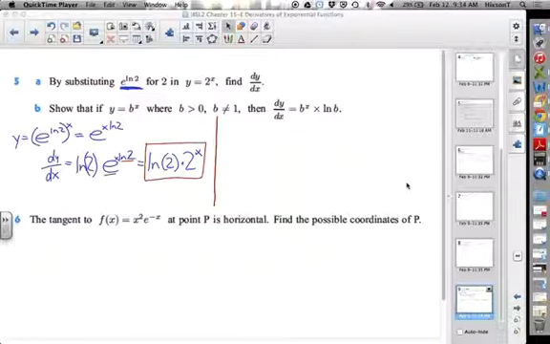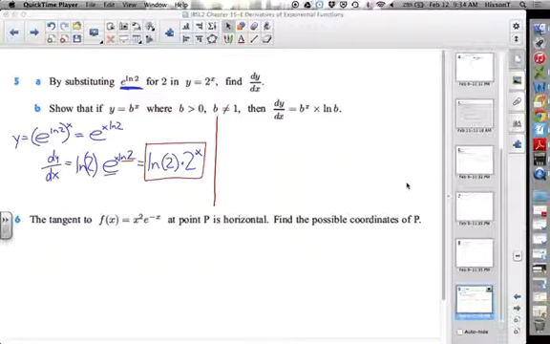Simplifying this, I substituted back in the 2. I noticed, hey, this is e to the natural log of 2. That equals 2, but that's to the x power, so I put the 2 to the x back in there.